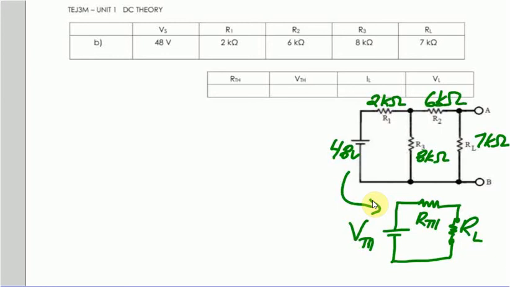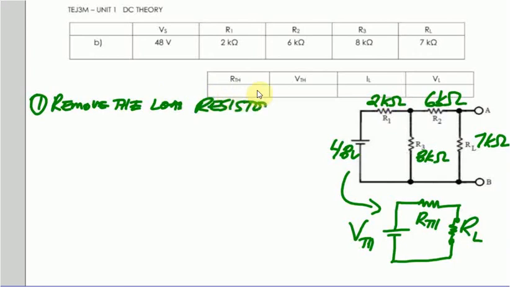So let's start. Step number one, if you go back and look at the steps, we need to remove the load resistor. So step one, remove the load resistor. So it's going to look like this. So this is 48 volts.